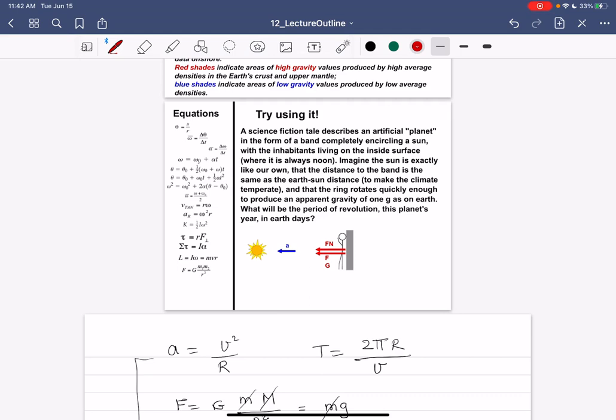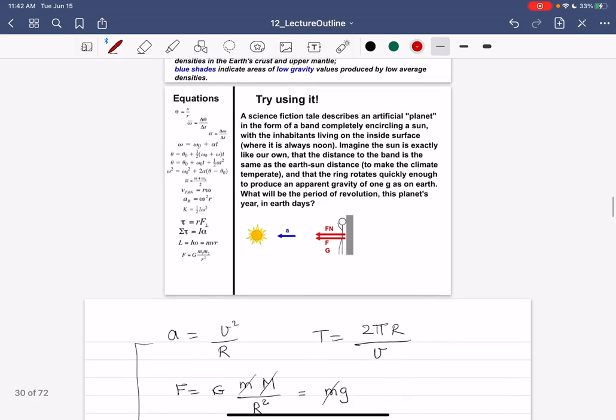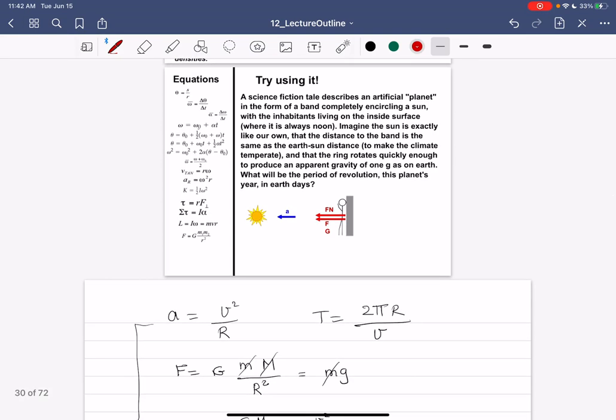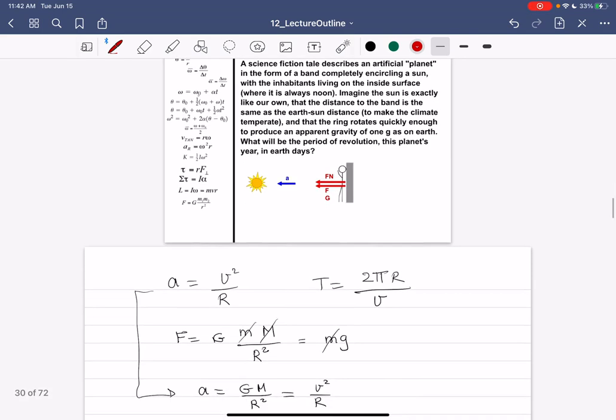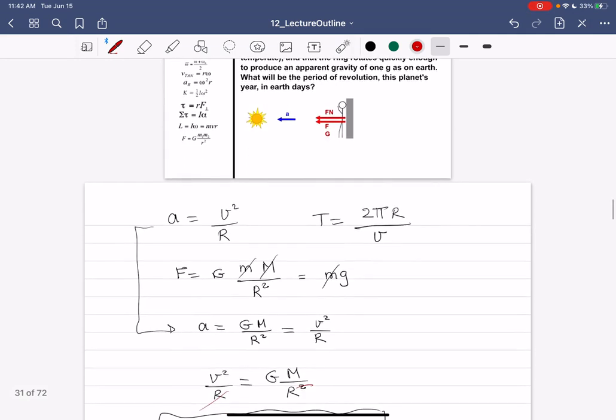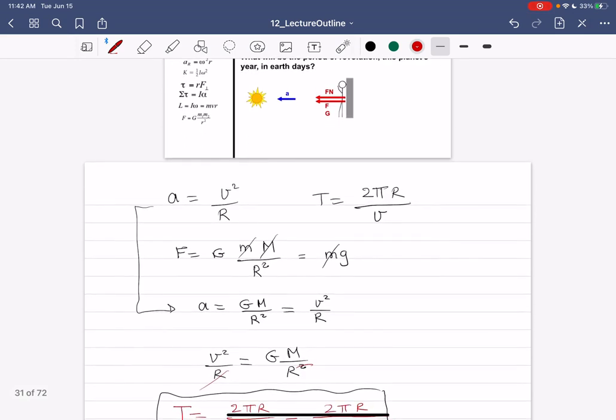Imagine the sun is exactly like our own, that the distance to the band is the same as the Earth-Sun distance to make the climate temperate, and that the ring rotates quickly enough to produce an apparent gravity, the one that is g on the Earth. What will be the period of the revolution of this planet's year in Earth days?